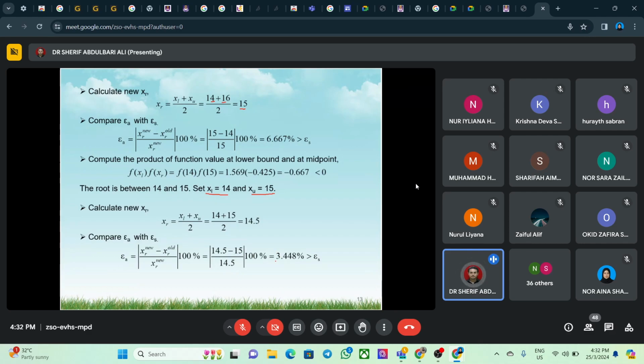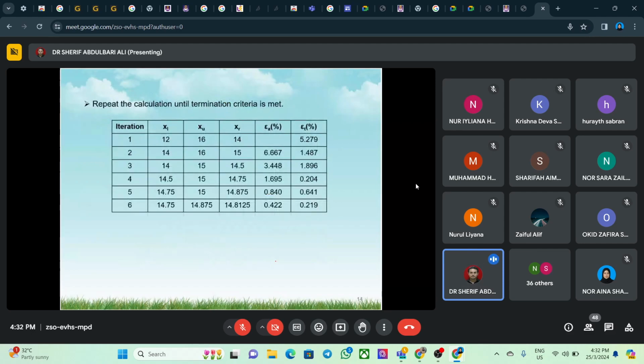You can see that the error starts to be reduced. It's 3.4, but it's still not below 0.5. So you are going to iterate one more time. How many times are you going to iterate? You are going to iterate about 6 times until the error is less than 0.5%.